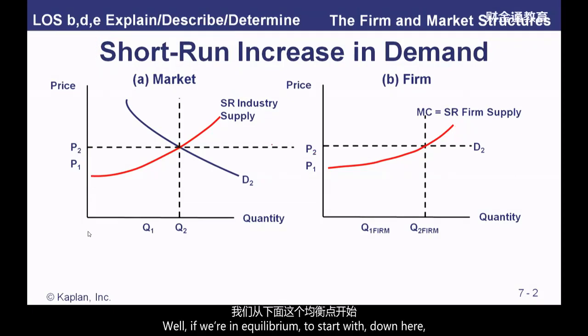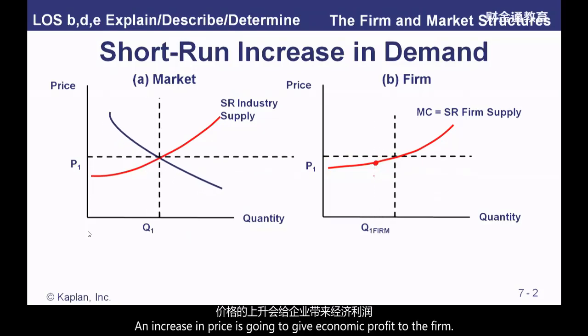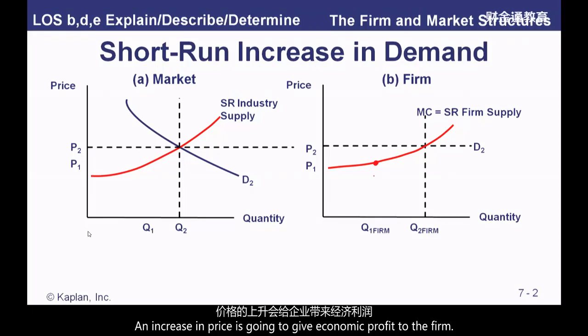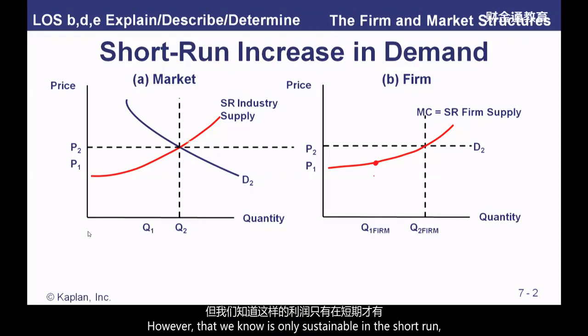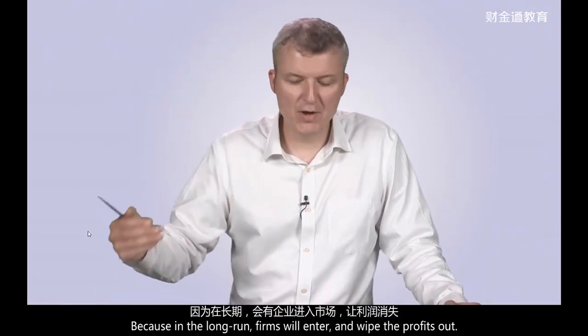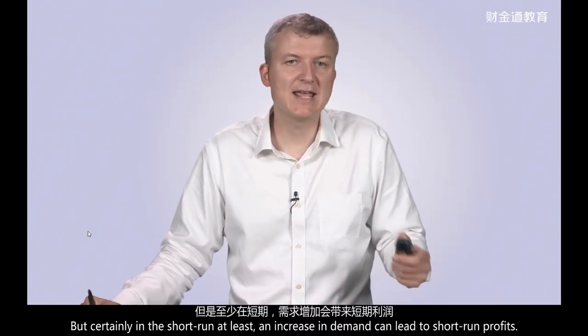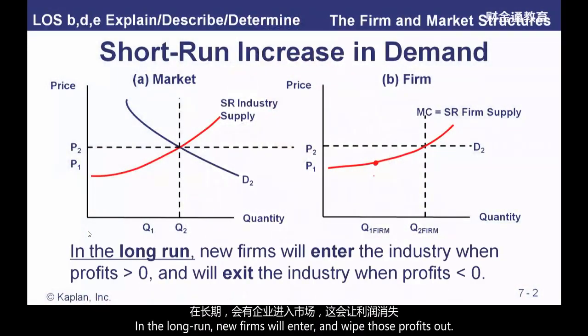Well, if we were in equilibrium to start with, down here, at zero profits, let's say, an increase in the price is going to give economic profits to the firm. However, that we know is only sustainable in the short run because in the long run, firms will enter and wipe those profits out. But certainly in the short run at least, an increase in demand can lead to short-run profits. In the long run, new firms will enter and wipe those profits out.